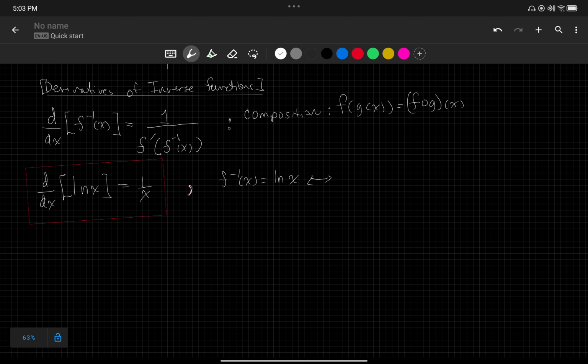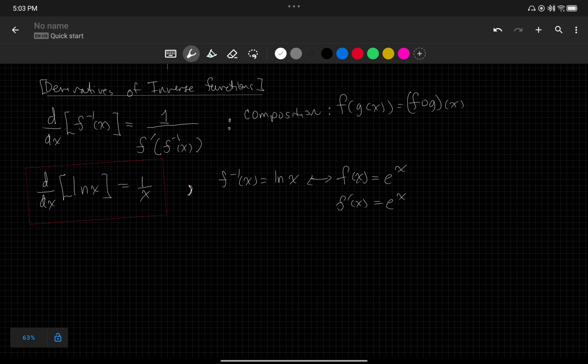So in other words, f of x is e to the x. We know that relationship. They're inverses of each other. But what do we know about the derivative of f? The derivative of e to the x, this is the easiest one to remember because it's really the same thing. It's e to the x. Okay, that's good to know.